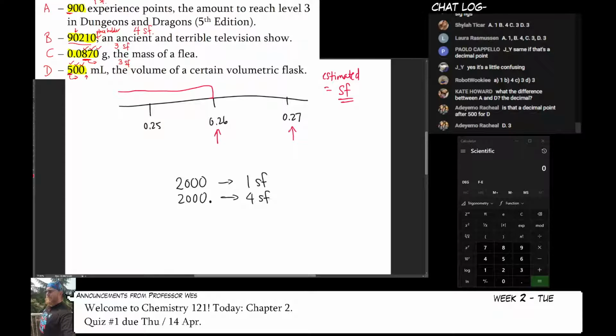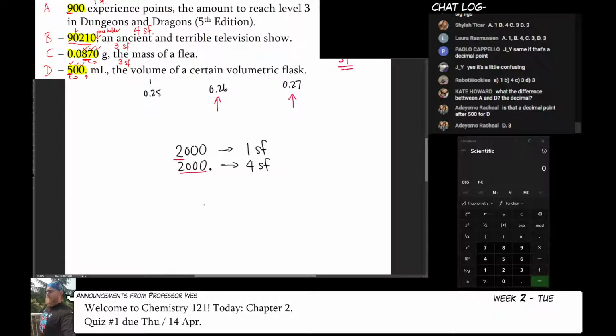Now, that's super obnoxious, but it is very important to realize, because the intent is if a decimal point is drawn, you must follow the decimal rule, right? So here's my 1 sig fig for this number, and then here are my 4 for this one. So if you see a decimal point, it always applies the decimal rule.